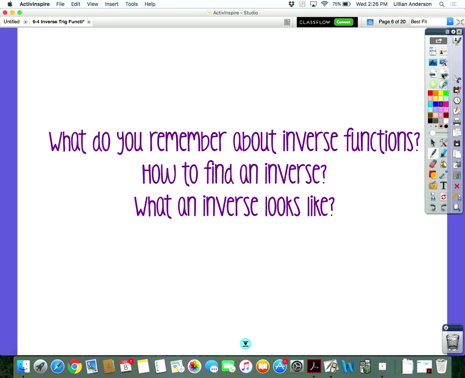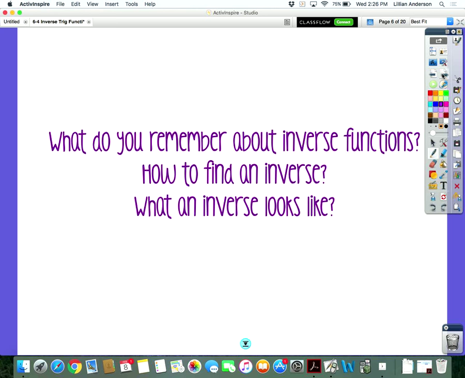What was the notation for inverse? F of x, but with the negative exponent, and the exponent was a -1. Very good. What does an inverse look like? If you were to graph the original function and the inverse function, what would it look like? A reflection over the diagonal. What was that diagonal?